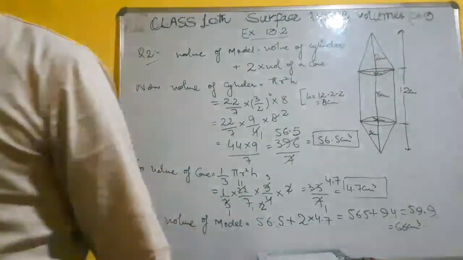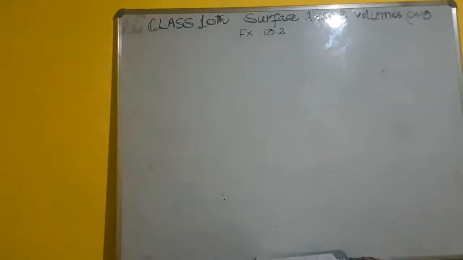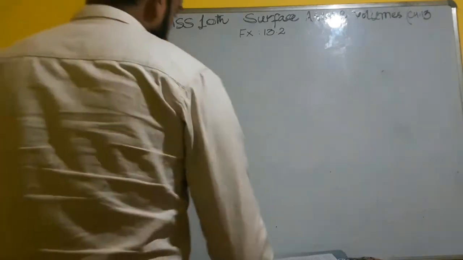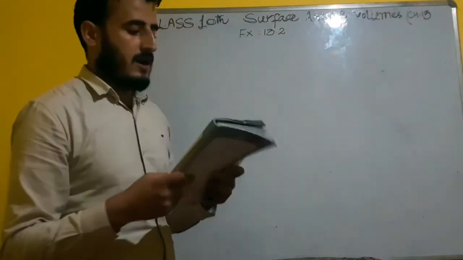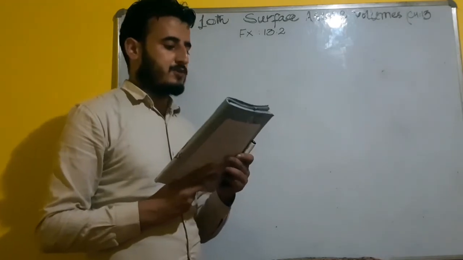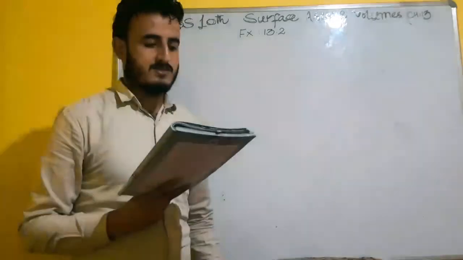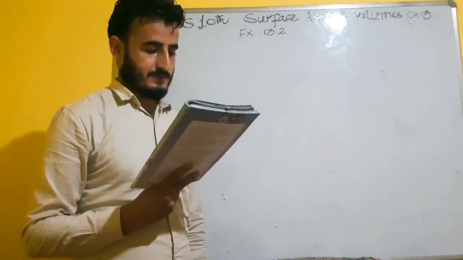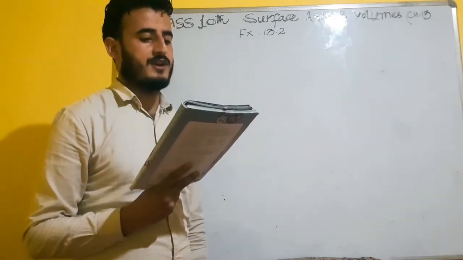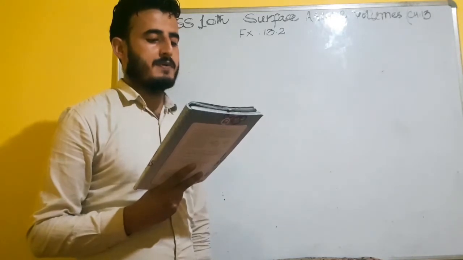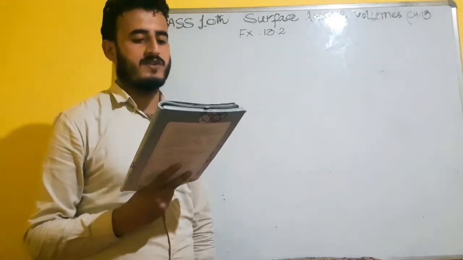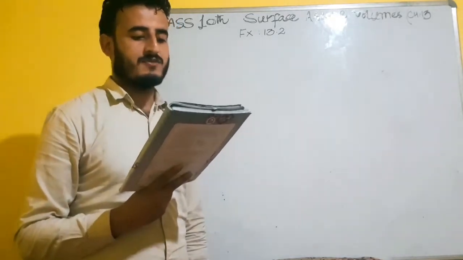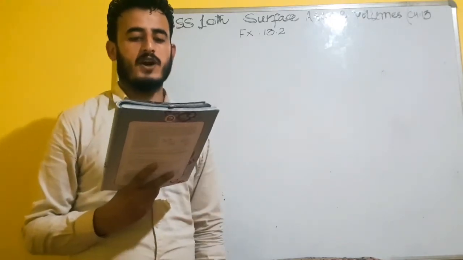Hope you understand. Now question number 3 is: a gulab jamun contains sugar syrup up to about 30% of its volume. Find approximately how much syrup would be found in 45 gulab jamuns, each shaped like a cylinder with two hemispherical ends, with length 5 cm and diameter 2.8 cm.